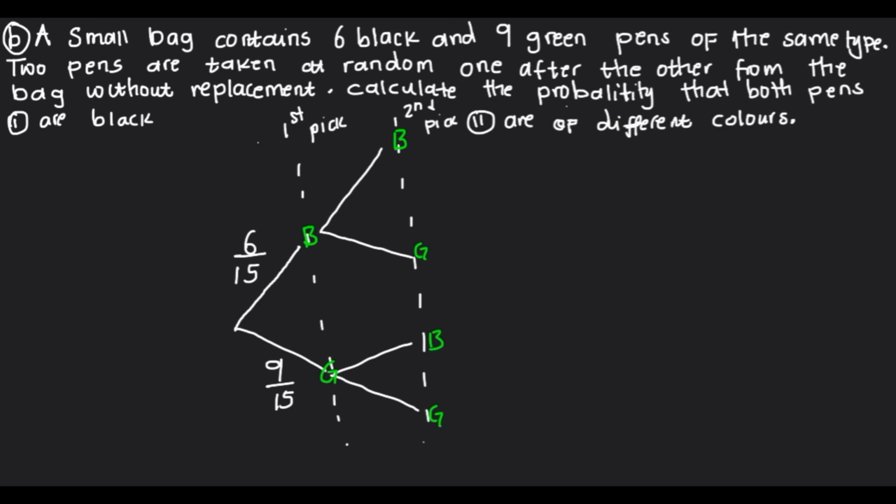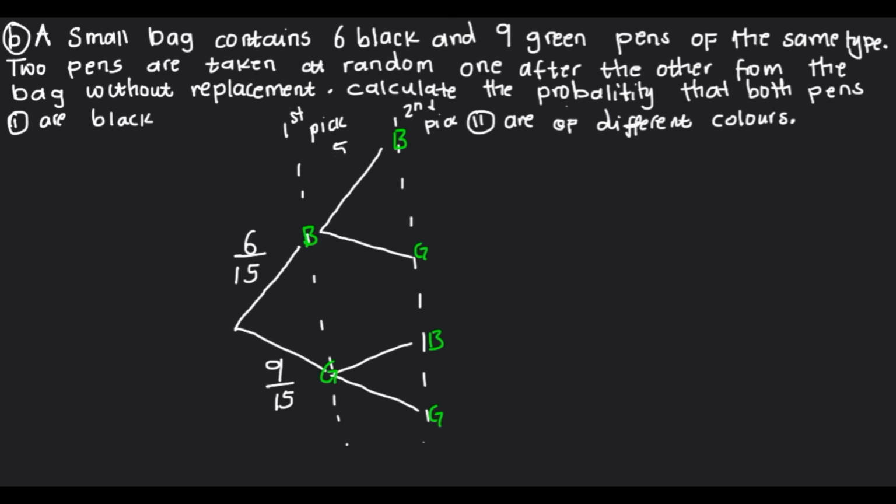Now since we have been given a condition that they were picked randomly one after the other without replacement, we need to make an assumption that the first pen that was picked was black without replacement. So if we pick 1 black, how many black pens will remain?